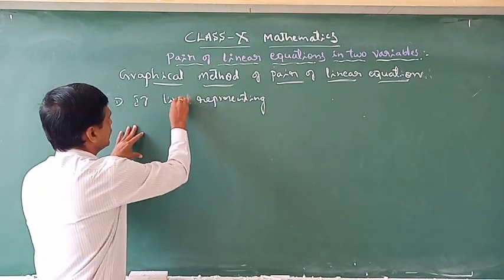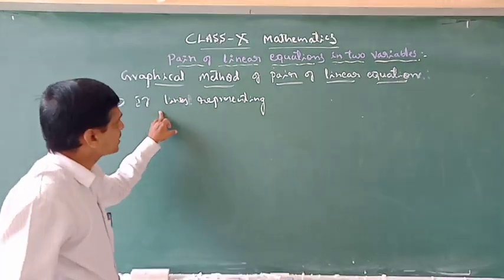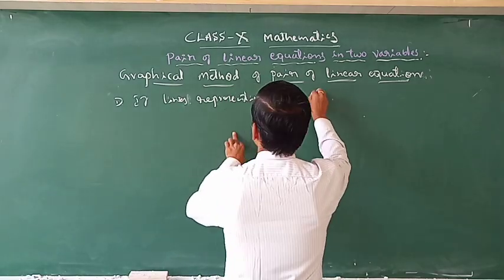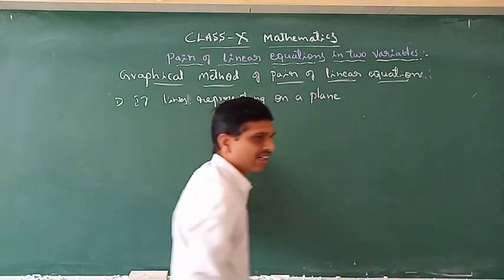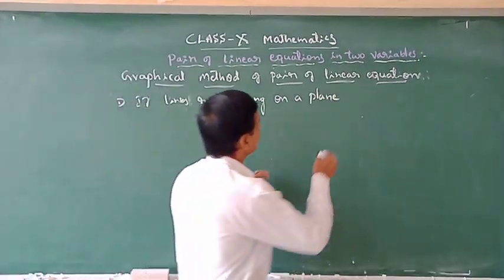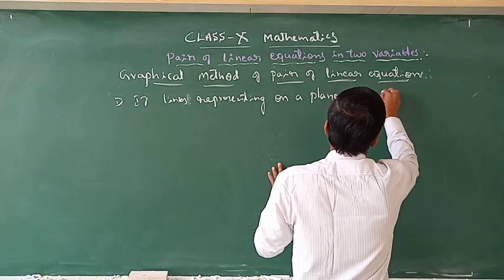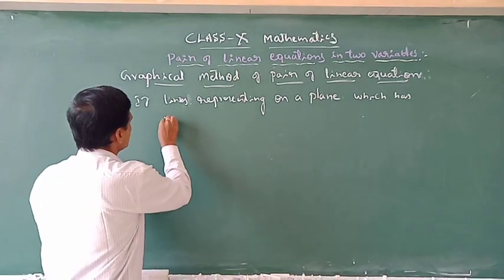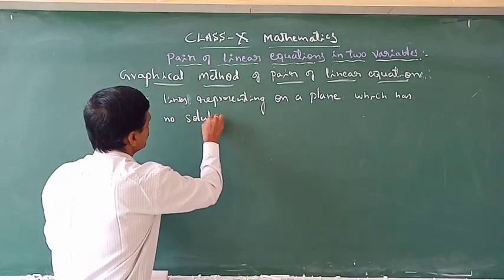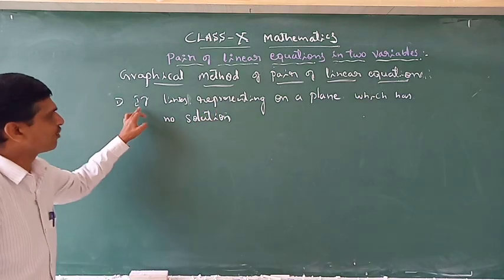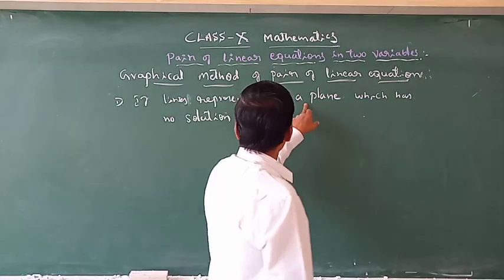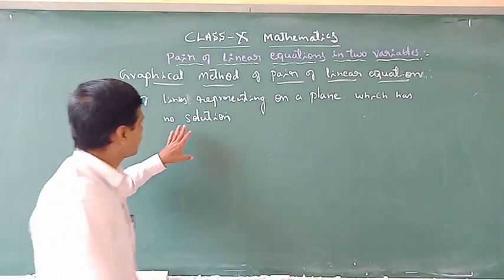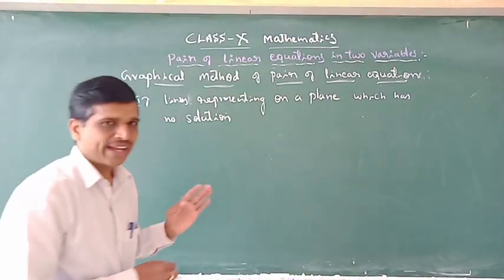If the lines representing the equations on a plane, that is, on a graph sheet, have no solution, it means we cannot find their exact solution.